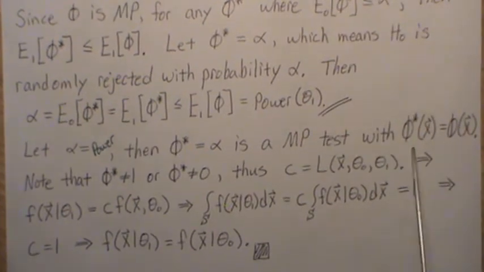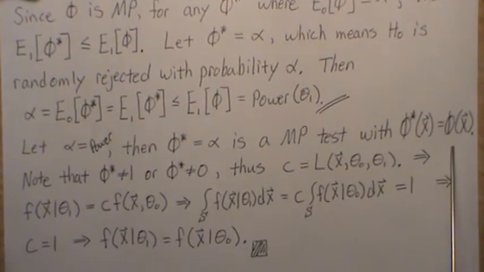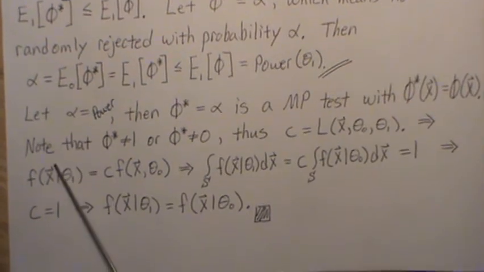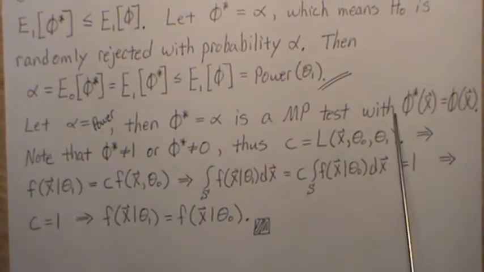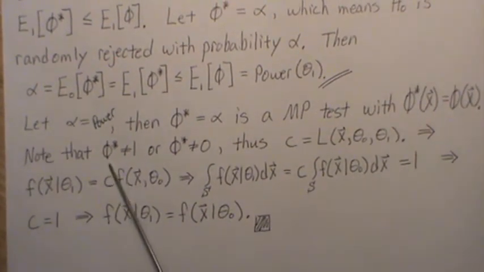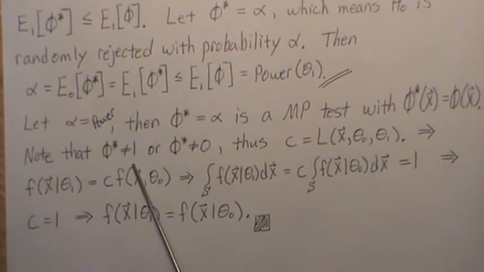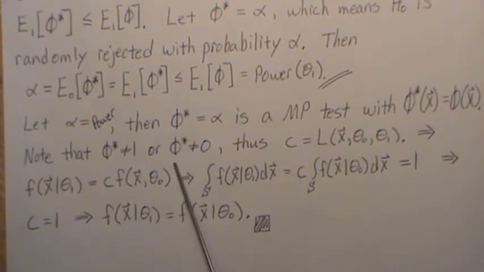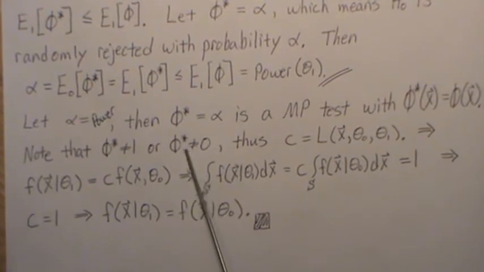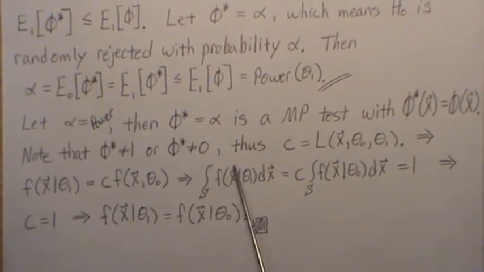And so this says that these two test functions are equal. But note, big note, that this test function, phi star, can never equal 1, right? It's always equal to alpha. And it can never equal 0, right? Because it's always equal to alpha.